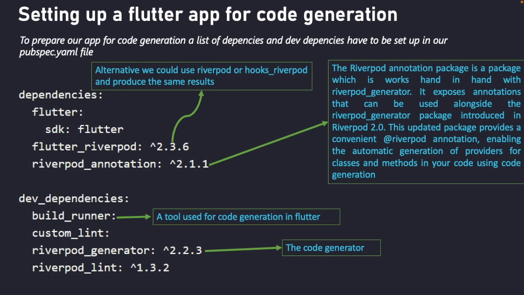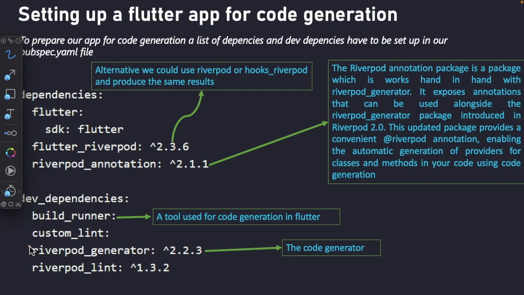So let's move on to our dev dependencies. We need a couple of dev dependencies. The first one is build runner, which is a tool used in Dart to generate the code.